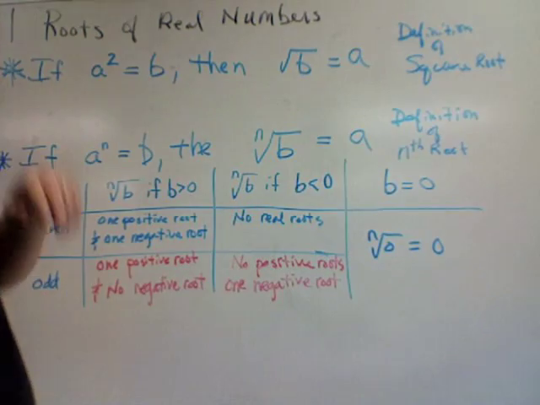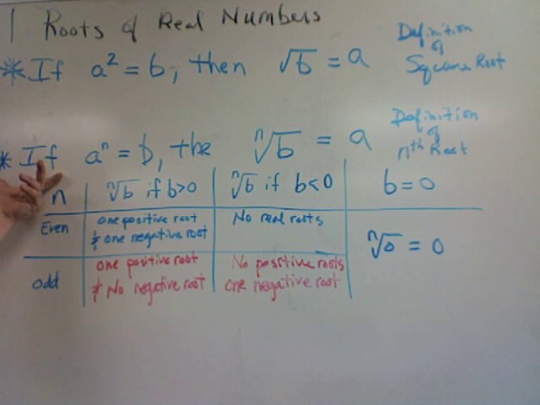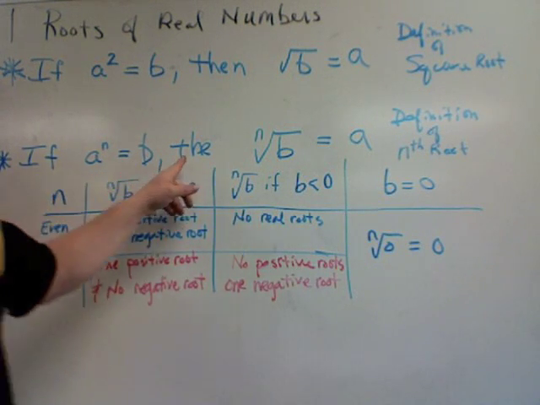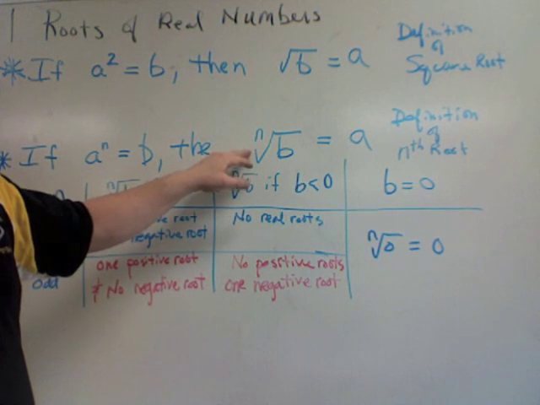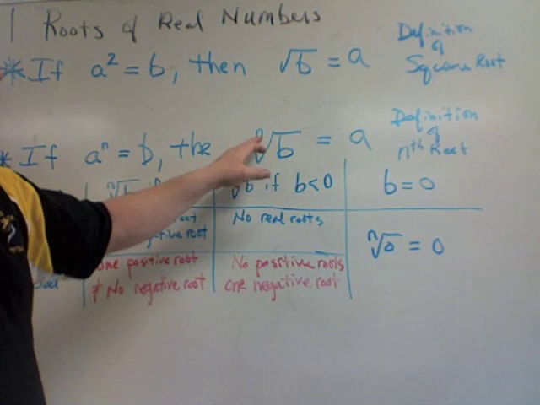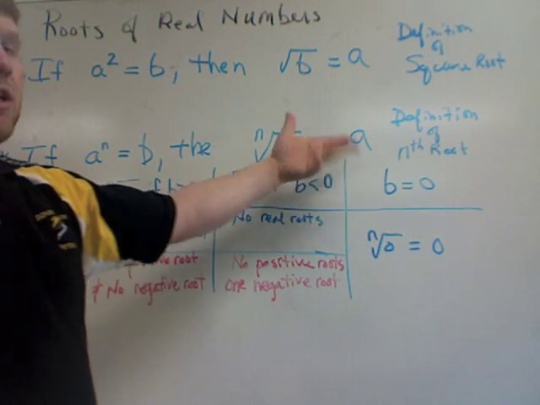Similarly, if we put it in the nth form, if we take a to the nth power and it equals some number b, then the nth root, which goes in the square root symbol, with the value b going in there, the nth root of b would equal a.